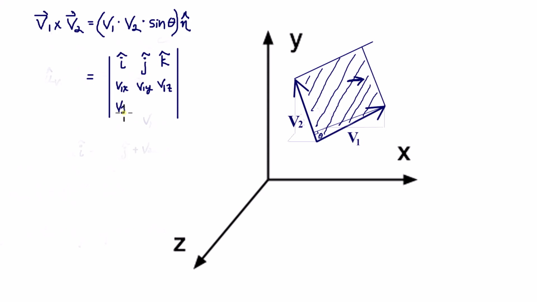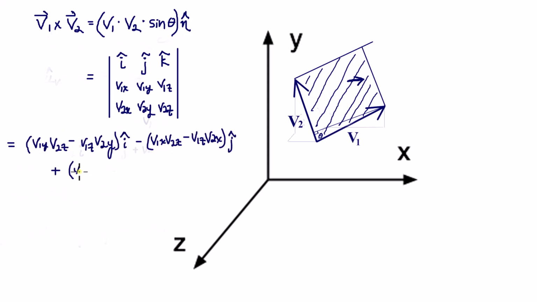Third row, and so taking the determinant of a 3x3 matrix, you get, and then just make sure you get your signs right. If the component of V2 in the Z direction is in the negative direction, you need to put a negative here. If you just do this, it will work out whether the normal vector is above or below the plane. All of that is built in.